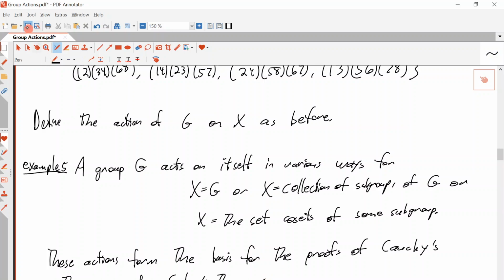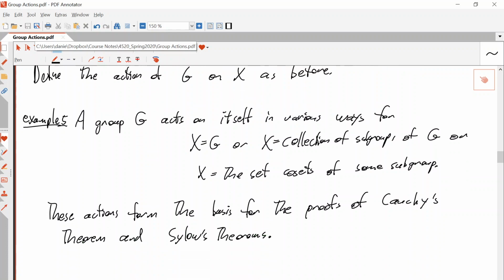I want to go over the combinatorial applications of this stuff, just to make a little bridge between this course and the combinatorics and graph theory course. We actually did one of these actions of a group G on itself when we did the proof of Cauchy's theorem. So G acted on itself by conjugation, right?